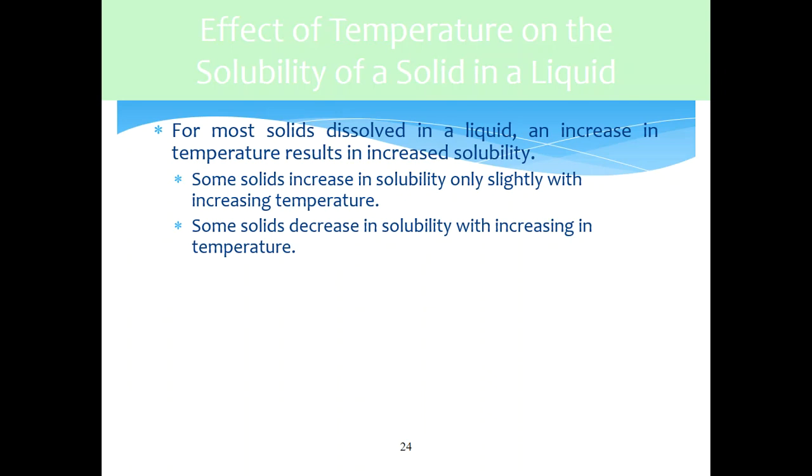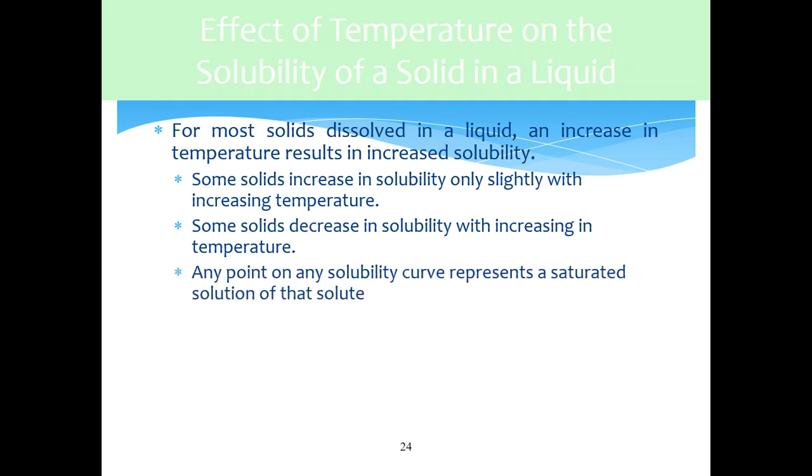There are very few solid compounds whose solubility decreases with increasing temperature, but those are in the minority for the most part. And as you're going to see in the next graph, any point on the solubility curve represents what is known as a saturated solution of that solute.